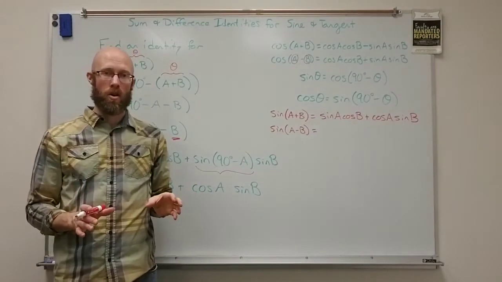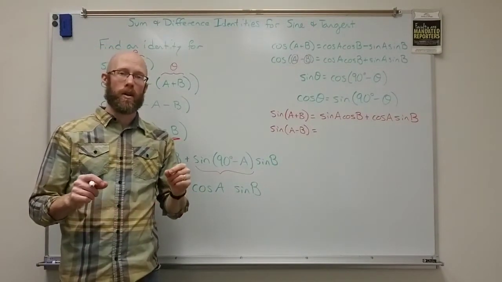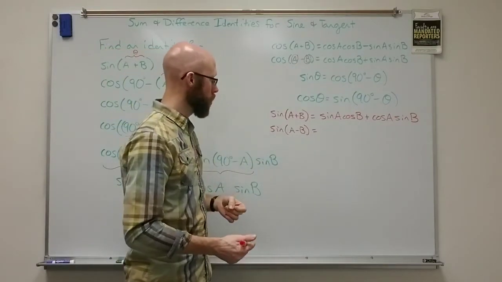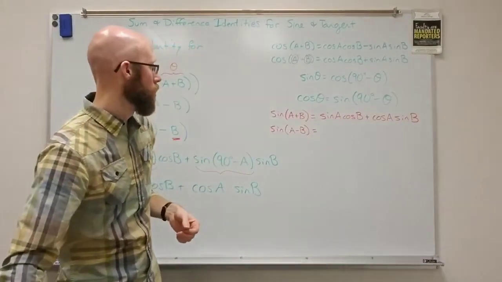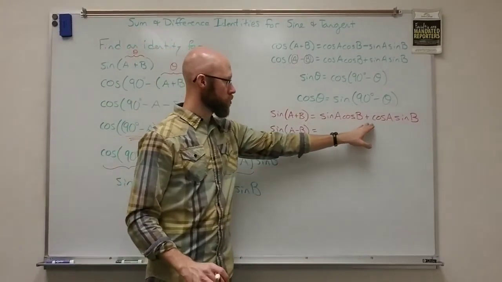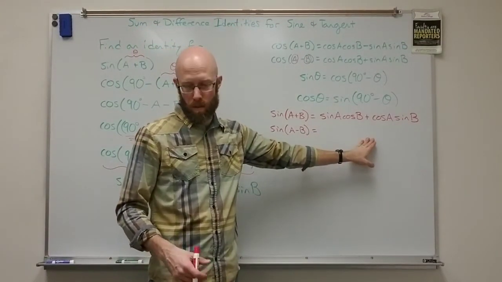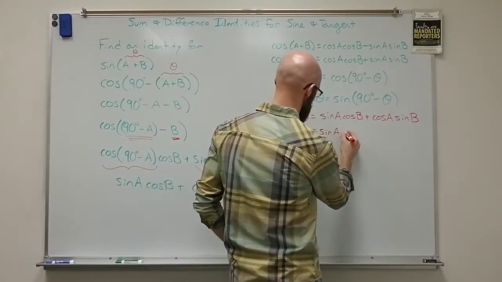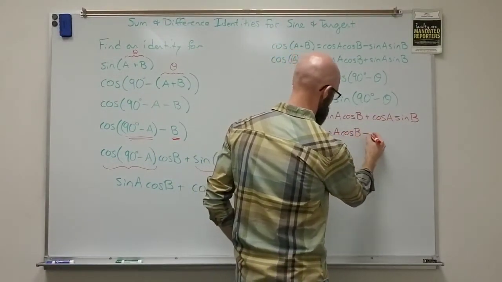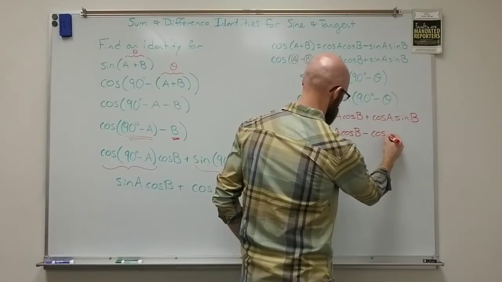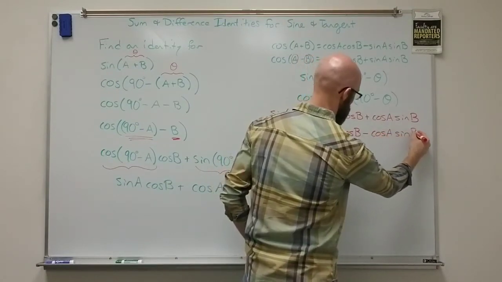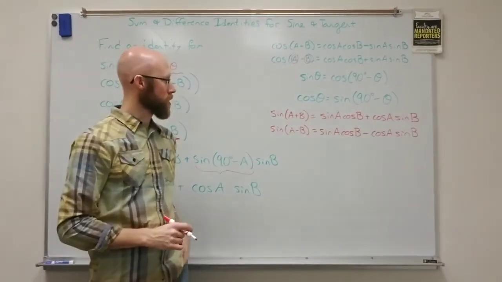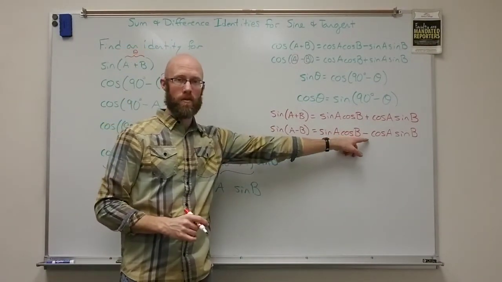I'm not going to go through all the details right now, but you would utilize an odd-even identity to pull a negative out, and what you will end up with is a similar formula just with a minus in the middle instead of a plus. So you'll end up with the sine of a cosine of b minus the cosine of a sine of b. That will be your difference identity for the sine.